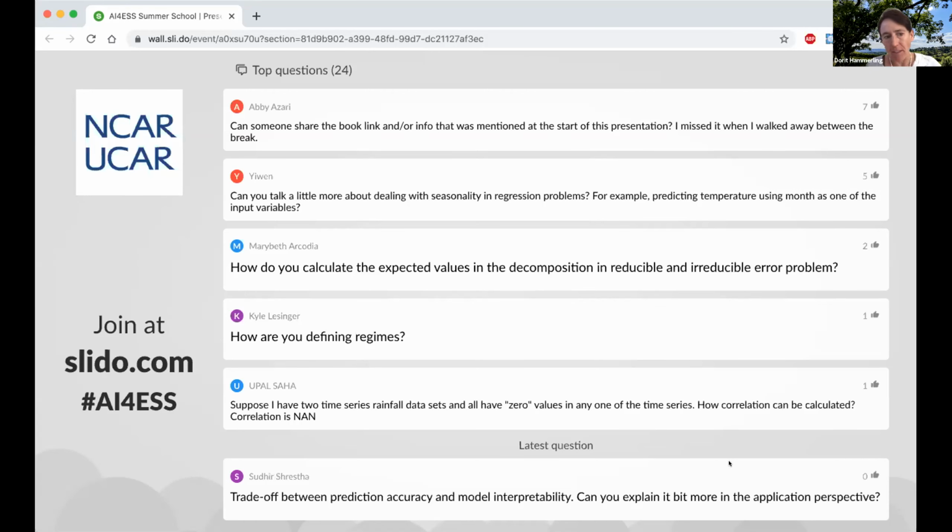For example, let's say we are trying to predict the amount of rainfall. We might think that the model that predicts precipitation in low precipitation scenarios is quite different than a model that predicts precipitation in high precipitation scenarios. That would be an example of a regime.